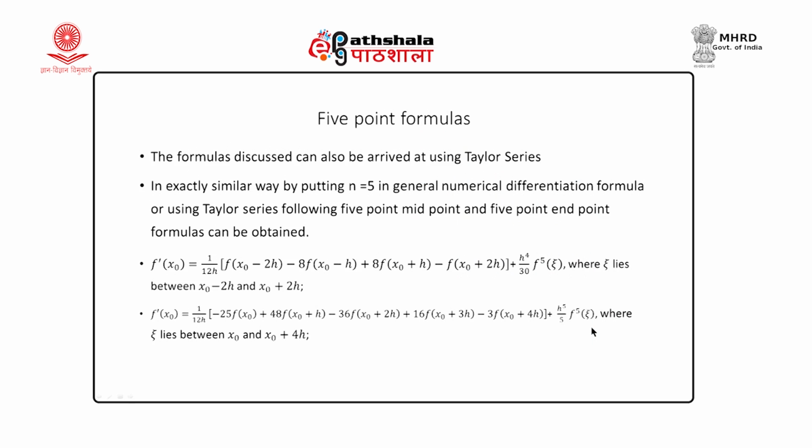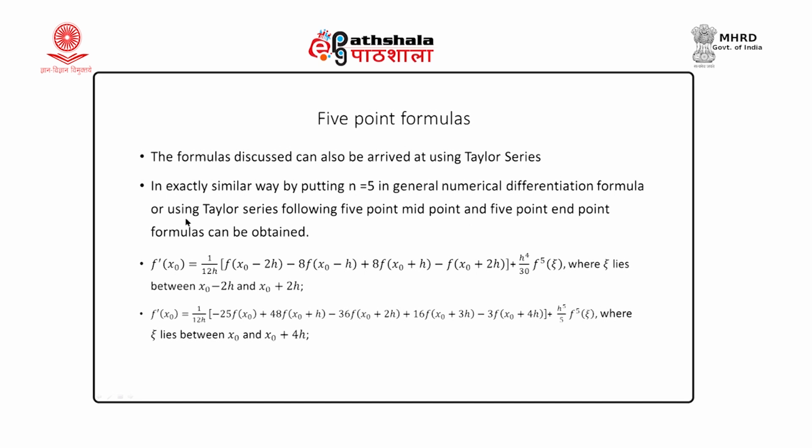So, now similarly, as we have derived the 3-point formula, these 3-point formulas can also be derived using Taylor series, and otherwise also. And similarly, we can also derive 5-point formulas using either Taylor series or Lagrange's interpolating polynomial.